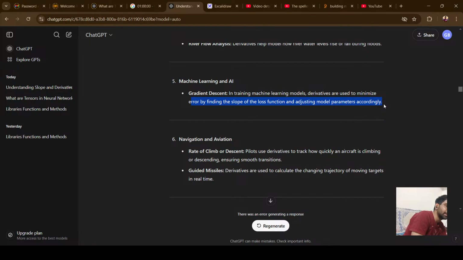Let's say we increase the input value by a very small margin, then take the derivative and calculate the loss function and its slope. If the slope is increasing, it means the error is increasing, right?